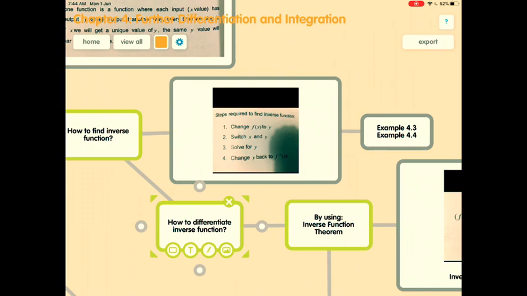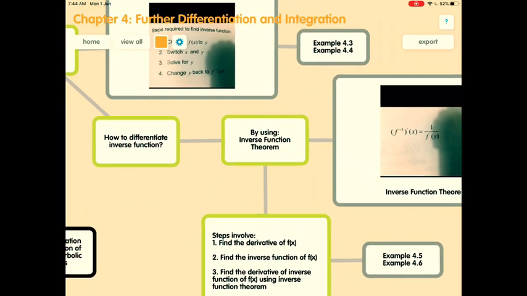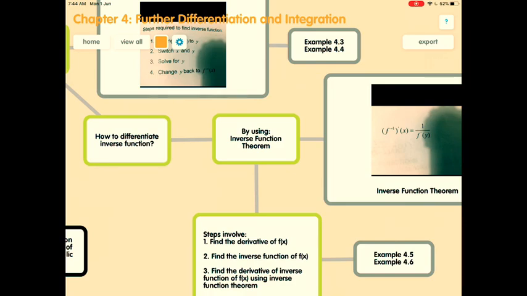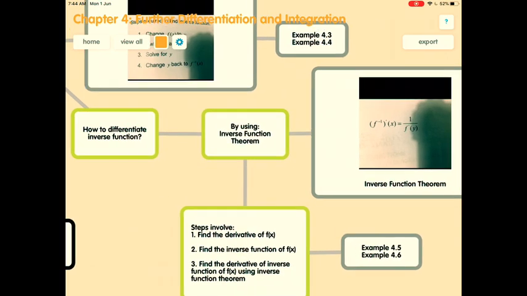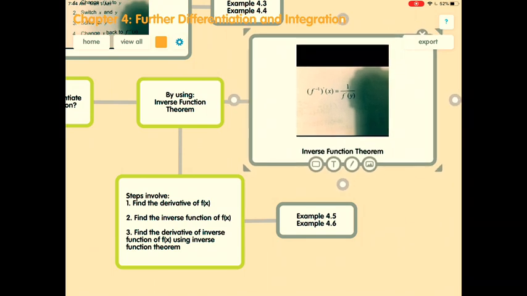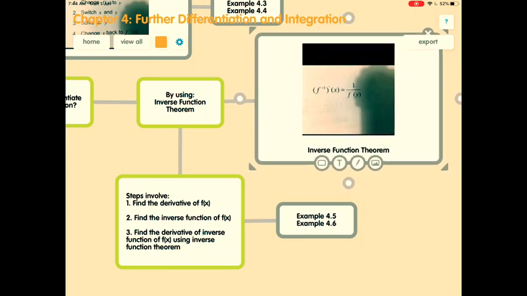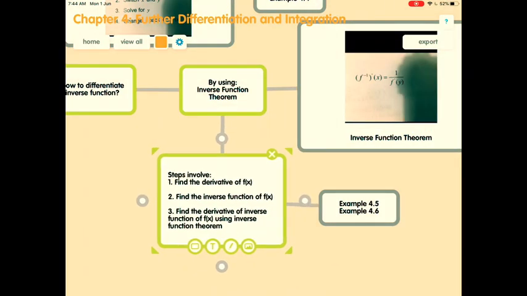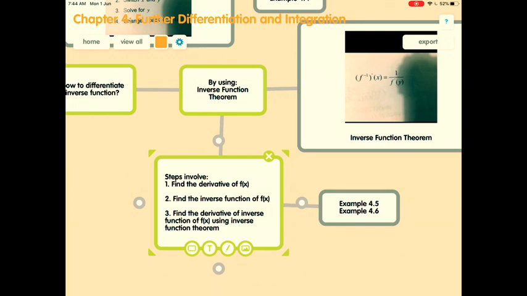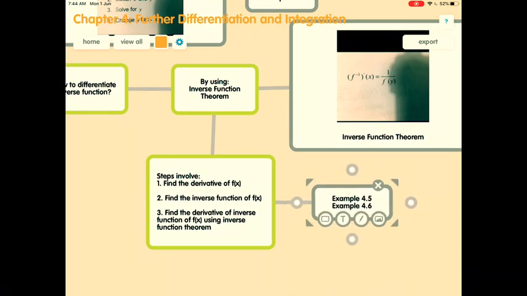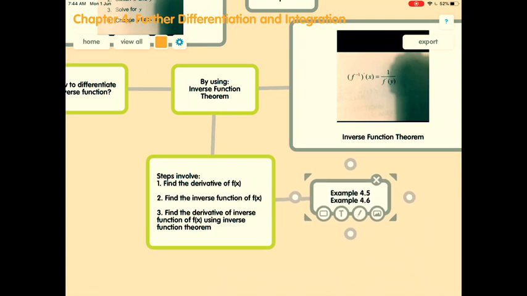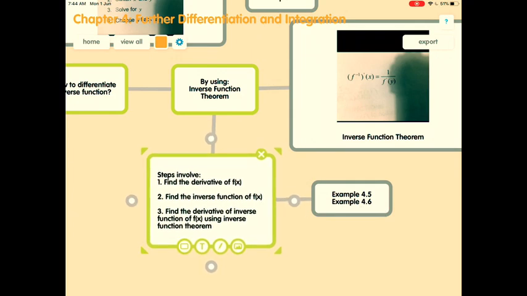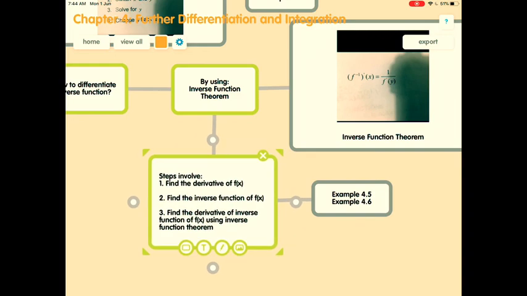To do this, we're going to use the inverse function theorem, which is this formula. There are actually other steps that you need to understand, and for that reason we will look into example 4.5 and example 4.6 to assist you on understanding the steps involved to get the differentiation of inverse function.